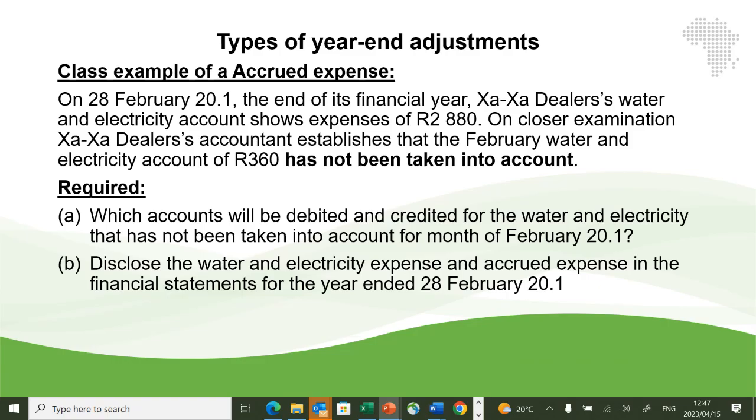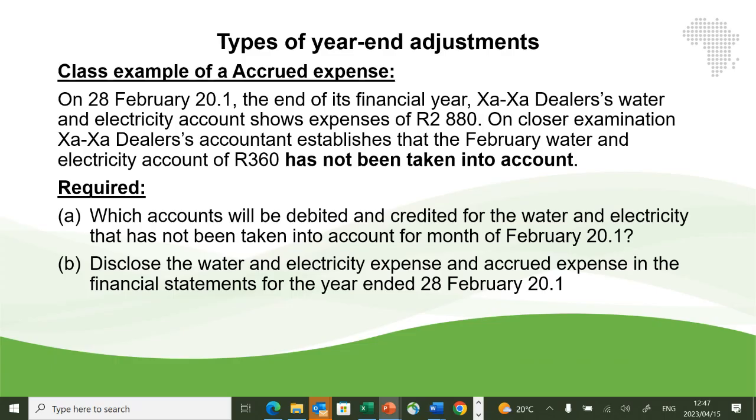On 28 February 20.1, the end of the financial year, Butler Dealers' water and electricity account shows expenses of 2,880. On a closer examination, Butler Dealers' accountant establishes that the February water and electricity account of 360 has not been taken into account.